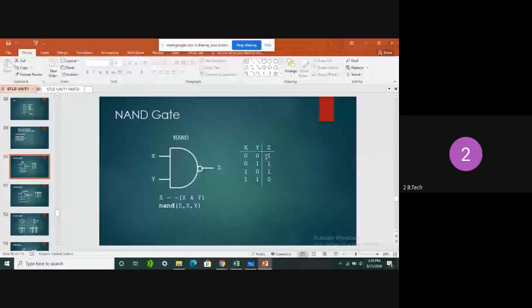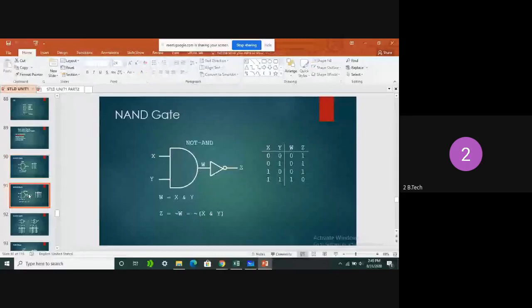If both are high, what is the output? Zero. This is in the next slide, we can observe it clearly. See here, for the normal conventional AND gate, W will be the output. Clear? This is for our AND gate.